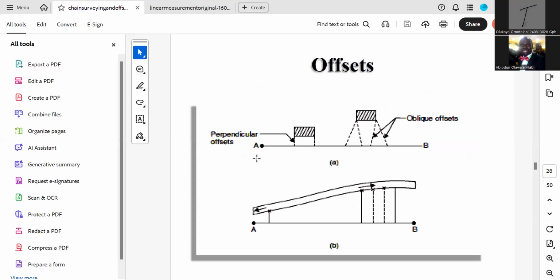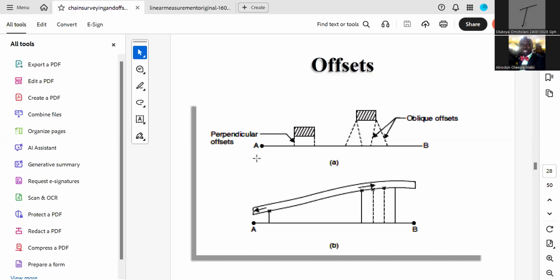So we've looked at the perpendicular offsets and the oblique offsets, and the lateral measurements we take to locate the interior details or features within the area that is being surveyed.